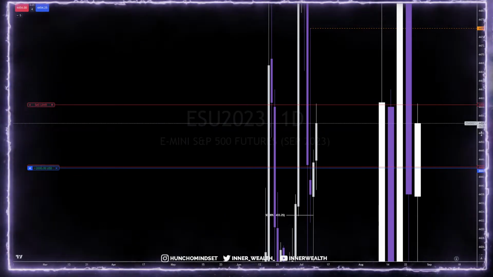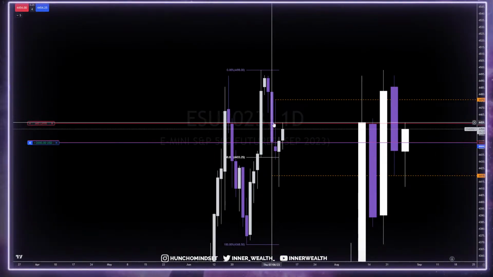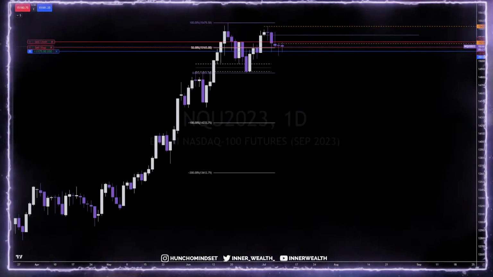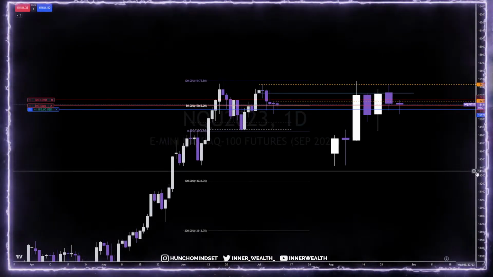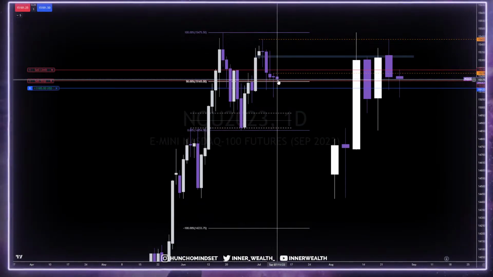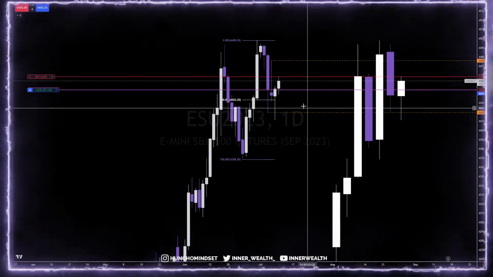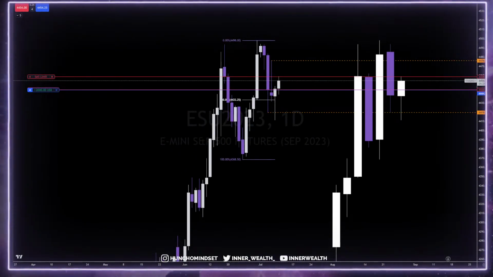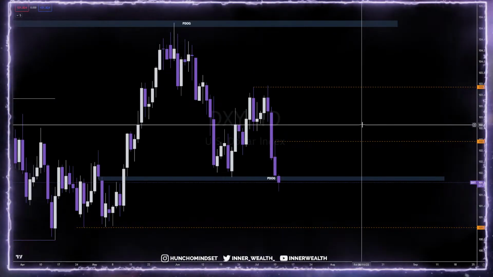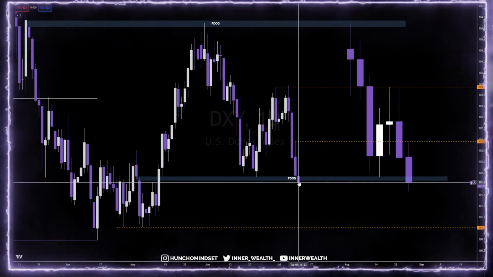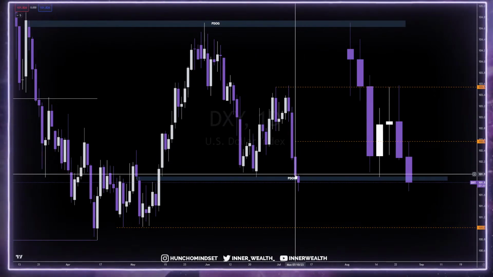And just remember, we're looking at some longs for indices short term, and some shorts on indices a little bit more long term, given the DXY. Now, if the DXY flies from here, this would be the area.